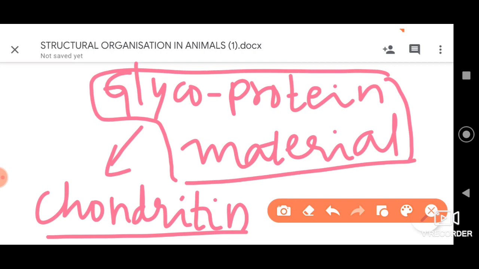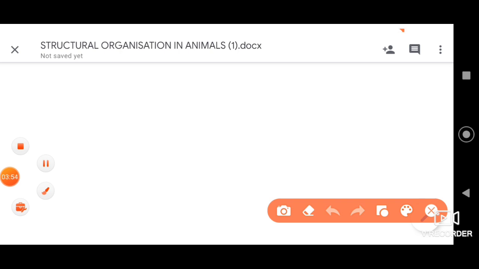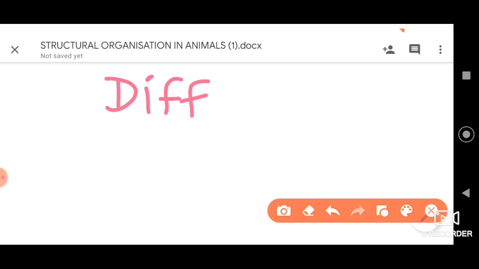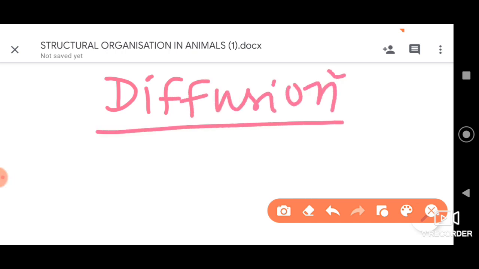Now furthermore, let me tell you that when we consider the chondrocytes, they derive the nutrition by a process called diffusion. That means movement of molecules from higher concentration to lower concentration, through which the chondrocytes or the cells of the cartilage derive the nutrition.